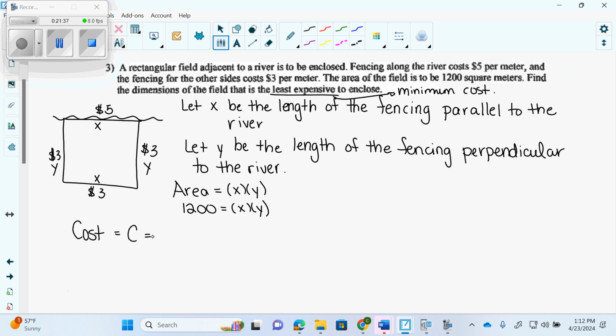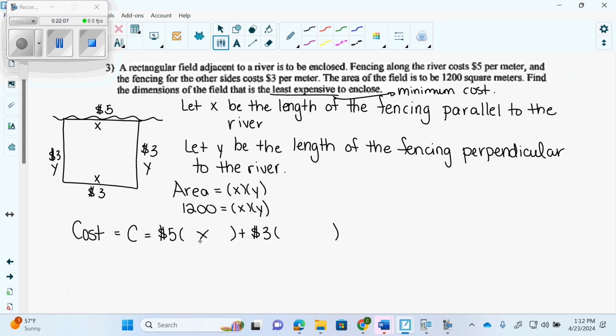In order to get a cost formula, $5 is being multiplied by something, plus $3 is being multiplied by something. We agree? What variable is $5 being multiplied by? 1x, right? What sides are being multiplied by $3?